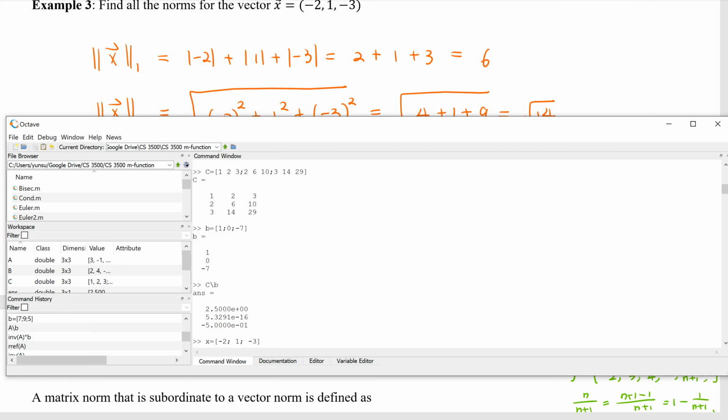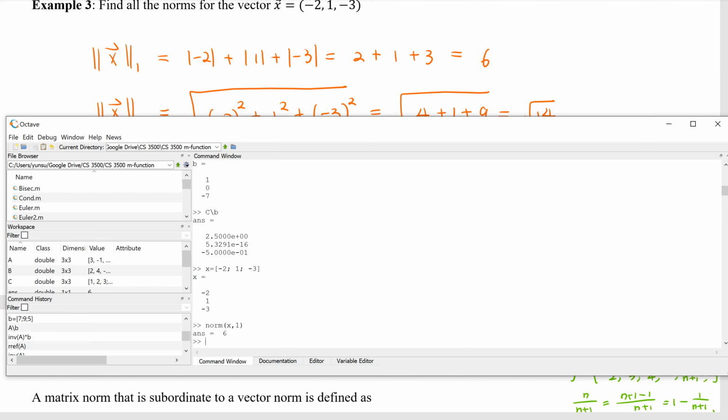So if we have a column vector, then the L1 norm is the sum of the absolute values of the coordinates, right? And then the L infinity norm is the maximum between different coordinates. Okay, so we have a column vector, and then we can do norm of x, comma 1.